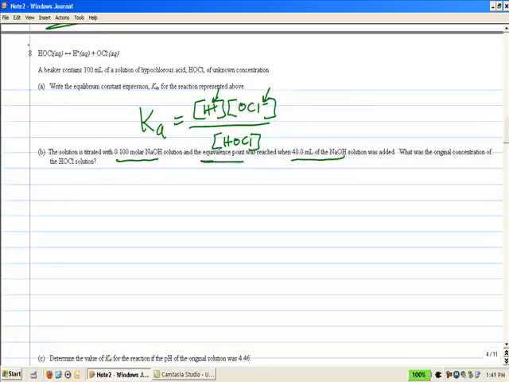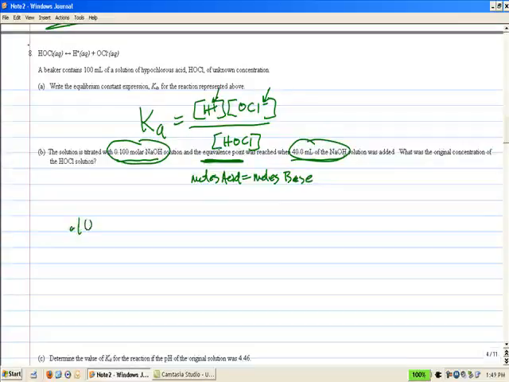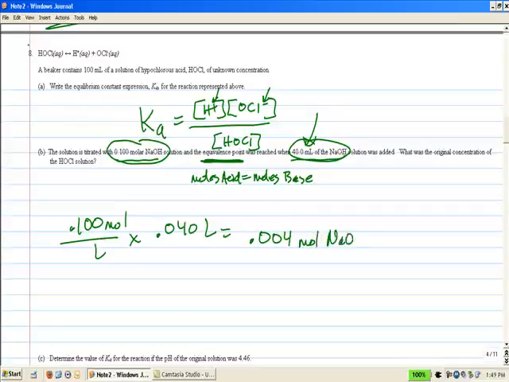Okay, important point here. What does equivalence point mean? It means the moles of the acid equal the moles of the base. So if we look here, we've got our concentration of base and we've got our volume of the base. So if we take 0.100 molar, that's 0.100 moles per liter, and we multiply that by 0.040 liters, again changing our milliliters to liters there, we're going to have 0.004 moles of base.